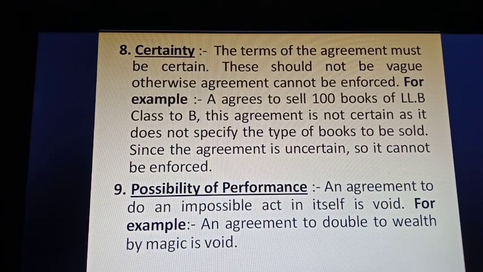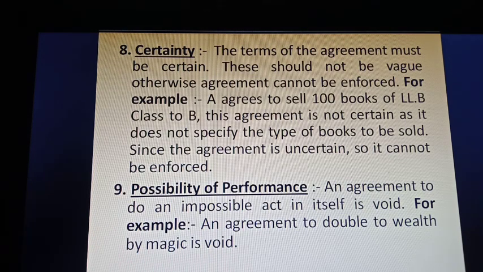And this is also a very important condition, that the terms of the agreement must be certain. It must be very clear what the various terms of the agreement are, because if the terms of the agreement are vague, then the agreement cannot be enforced.